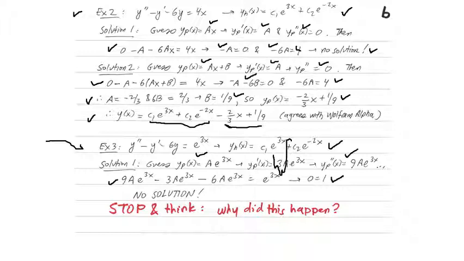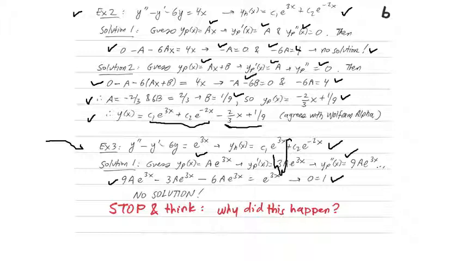I would highly recommend you think about why that happened, because at first glance it seems like example 3 is just like example 1, but there is a crucial difference. And I would encourage you to think about that on your own.